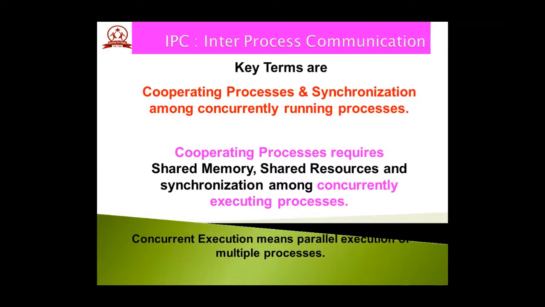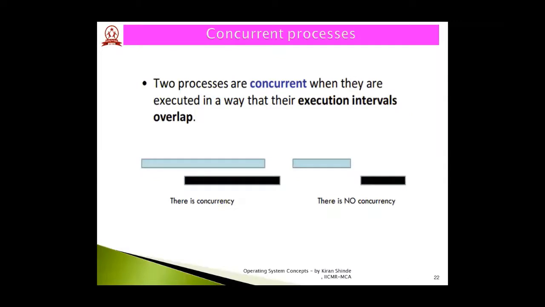Now let us try to understand the concept of concurrent processes with a simple image. Two processes are concurrent when they are executed in a way that their execution intervals overlap. What do we mean by that? These two images depict whether two processes are concurrent or not. In the first image, there is concurrency happening.